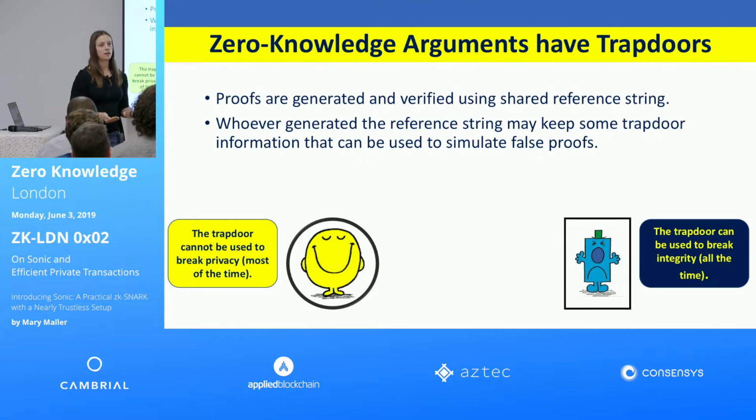The way you say that we cannot break privacy is you say somebody that did not know any information about the witness or your secrets at all could still convince a verifier if they had this piece of unrelated information, which they shouldn't actually have in the real world. And this becomes a problem if it becomes possible for people to know the trapdoor in the real world.